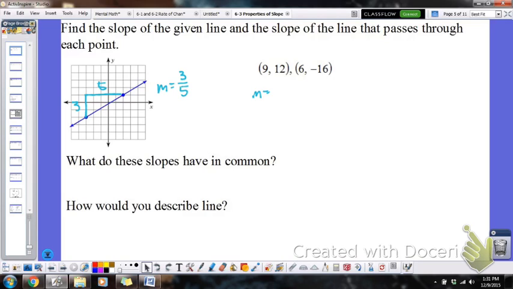Again, m is equal to y2 minus y1 over x2 minus x1. So negative 16 minus 12 over 6 minus 9. Negative 16 minus 12 is negative 28. 6 minus 9 is negative 3. So since a negative divided by a negative is a positive, I have 28 over 3.